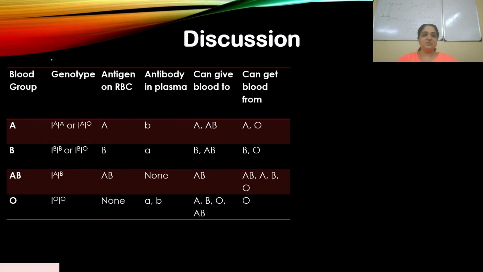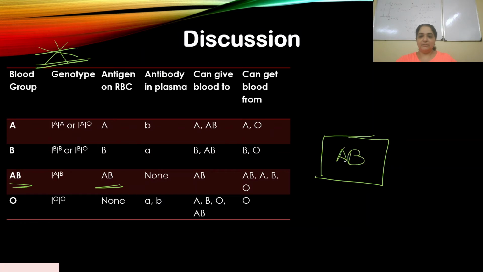All you need to do is remember this table. Honestly speaking, you don't need to think too much. Just remember this table and the principle behind it. If a person has the AB blood group, that means the A and B antigens are present on the surface of the RBCs, but there are no antibodies in the plasma.